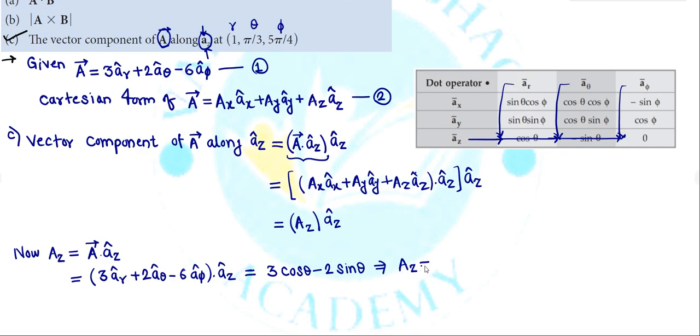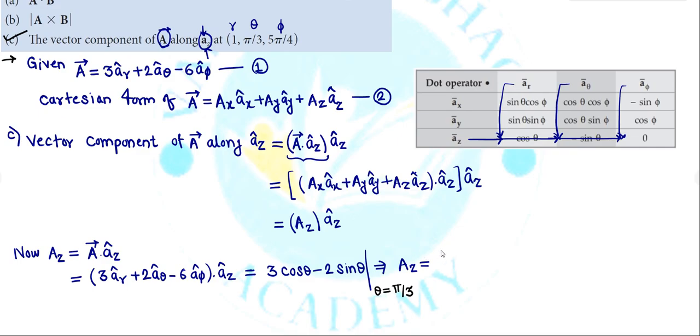Now put the value of theta over there. We have theta which is given to be pi by 3. So we have to calculate that AZ at theta equals pi by 3. I hope you will put those values and calculate. Simply, you just have to replace this theta by pi by 3. So that will be cos of pi by 3, and here in this case, that will be sine of pi by 3.